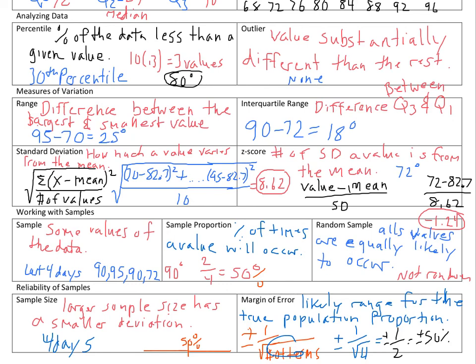And if we add and subtract 50% to that, if I add 50% this way, won't you be at 100%? And if I subtract 50% this way, won't you be at 0%? So your margin of error is kind of like 100%. That is the likely range of the true proportion. So the true proportion fits the whole thing.